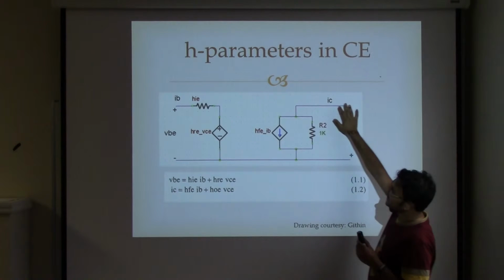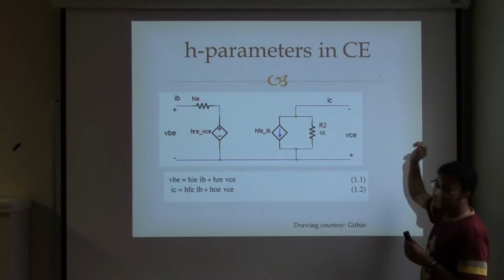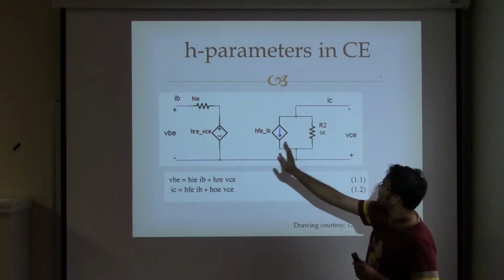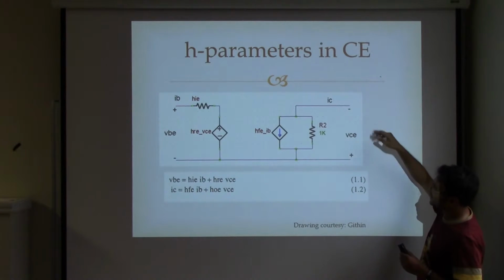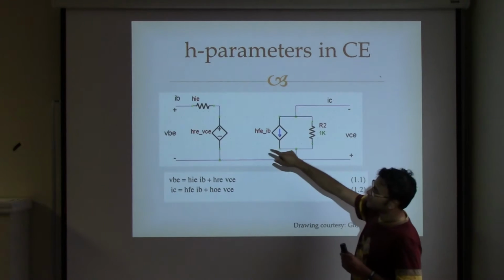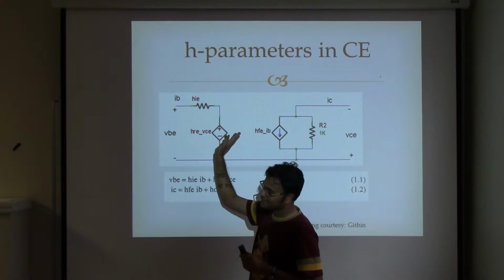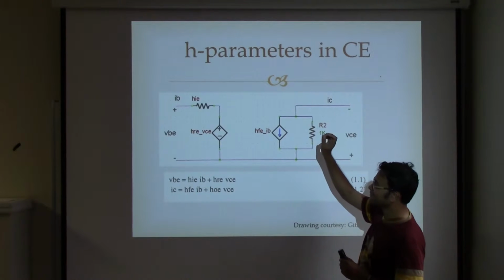So this is a complete transistor. For the transistor, this is the base, and this is the collector and emitter. If we think about this circuit in terms of the Thevenin, okay, I'm just going blank.